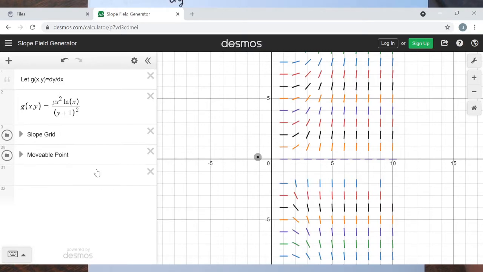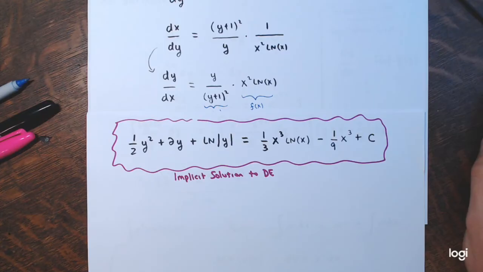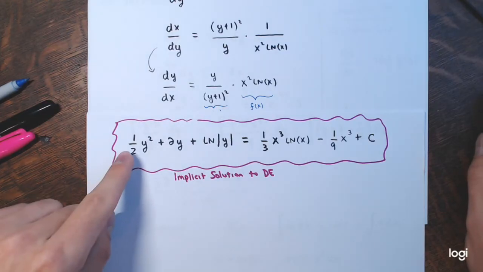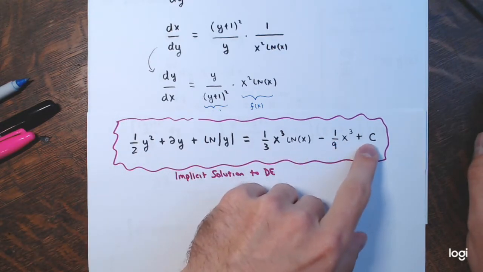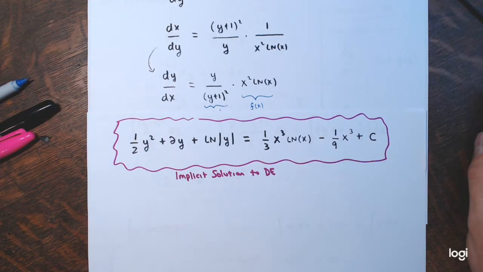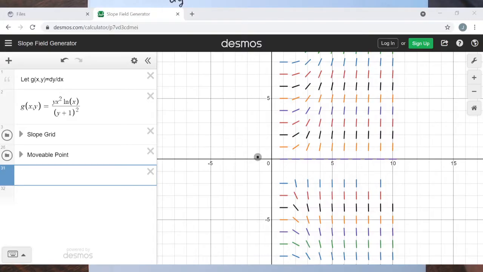I just found it. So now what I'm going to do is put into this next line here our implicit solution, with c being 0, and see if it follows along with the slope field. Let's pull that back up.